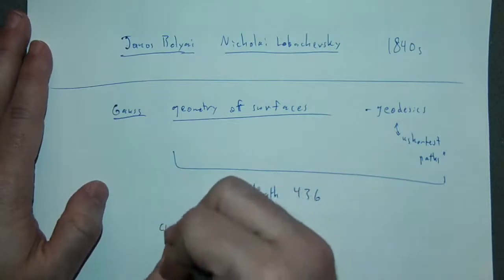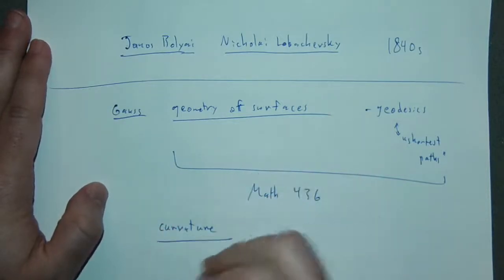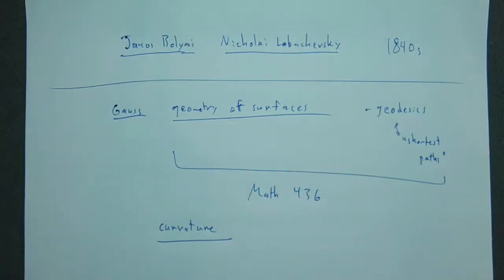So one, of course, there was the notion of curvature of a surface. And in fact, it was this curvature, and considering surfaces of constant curvature, that would end up being so important.